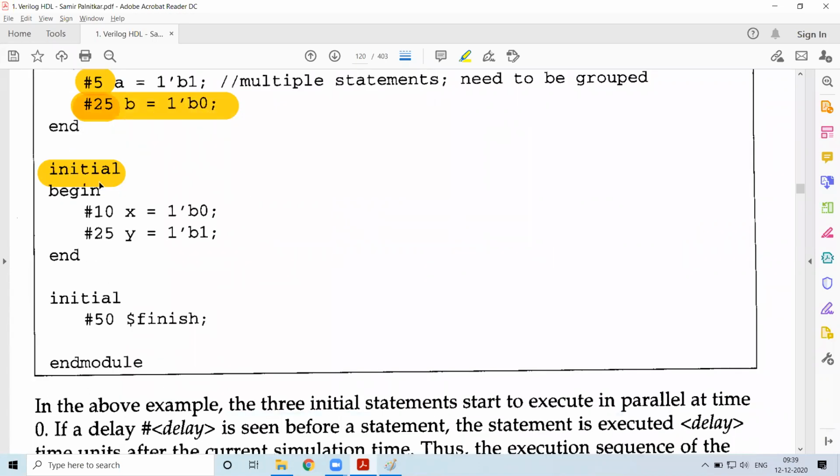Now if I come to this one, this also starts at time t equal to 0. After 10 time units of delay, this statement will be executed, and the next statement will be executed after 10 plus 25, that is, after 35 time units.